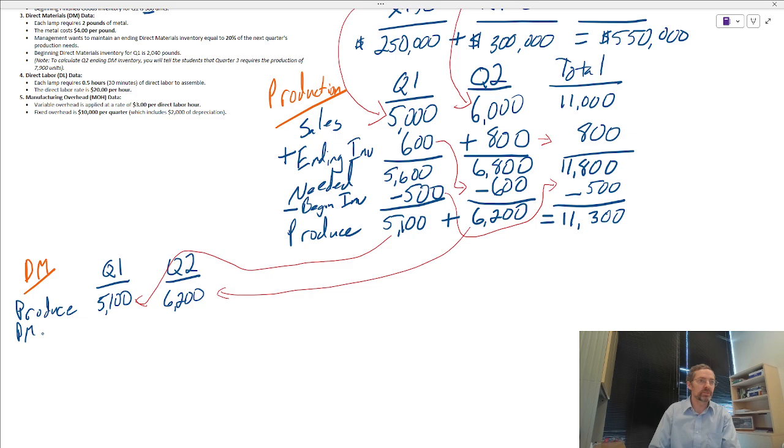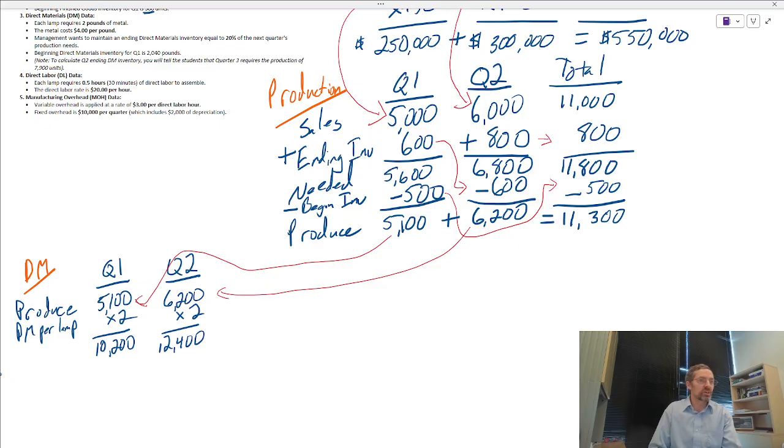So this is direct materials per lamp. So we're going to multiply that by 2 pounds per lamp. So we have 10,200 pounds of metal for the first quarter and 12,400 pounds of metal for the second quarter that we are going to use making these lamps.